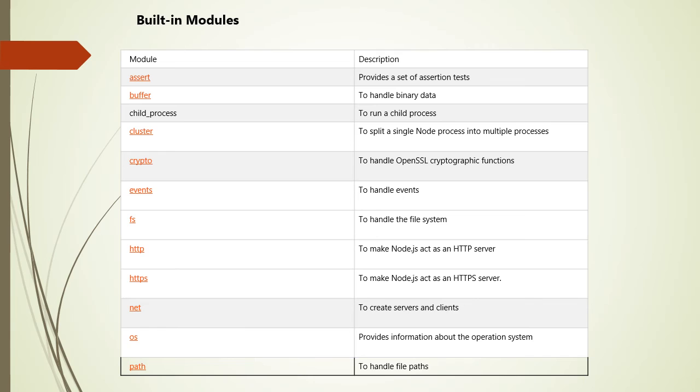The events module handles various events. fs handles the file system. http makes Node.js act as an HTTP server. https makes Node.js act as an HTTPS server. net creates servers and clients. os provides information about the operating system. And path handles file paths.